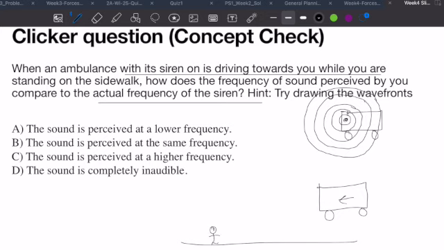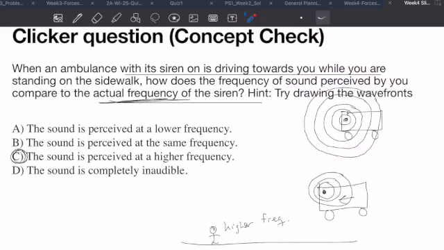Well, when the truck's moving to the left, the wave fronts start bunching up in front and start spreading out in the back. So basically, shorter wavelength on this side, you end up hearing a higher frequency of the siren. So the sound perceived by you is at a higher frequency than the actual frequency of the siren, which would be the frequency of the siren at rest.